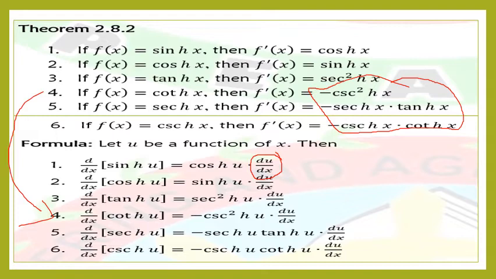And then, sa hyperbolic secant naman is negative secant h of u times tangent h of u du over dx. And then, the same also with the cosecant h: negative cosecant h of u times the cotangent h of u du over dx. Okay, so let's give an example to apply these formulas.